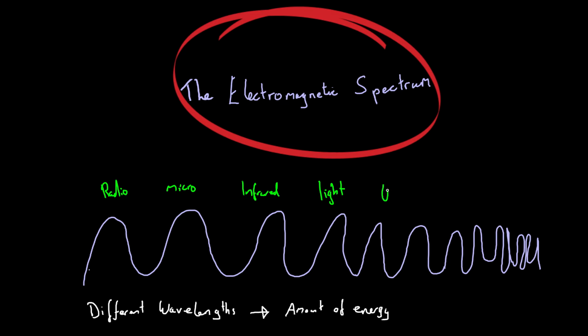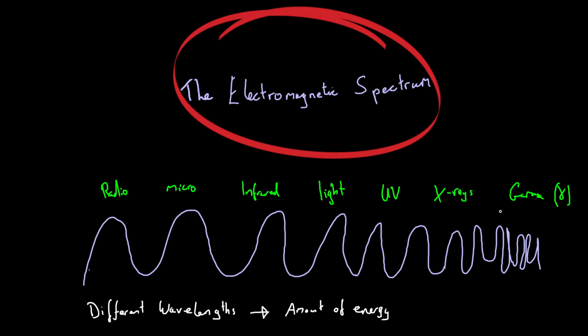You then have UV, which is ultraviolet. Okay. You then have your X-rays. And lastly, you have gamma. Okay, sometimes you'll see gamma written like that. But you have gamma radiation or gamma rays. Okay, so gamma has the most energy because it has the smallest wavelength.